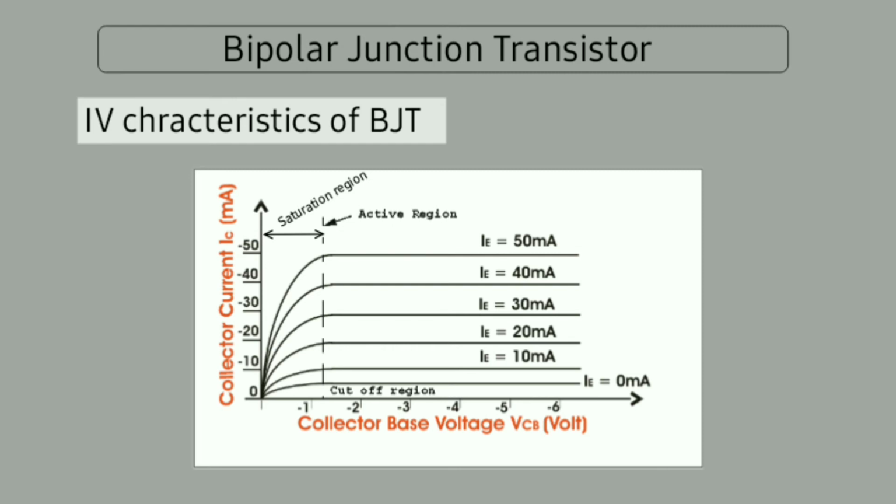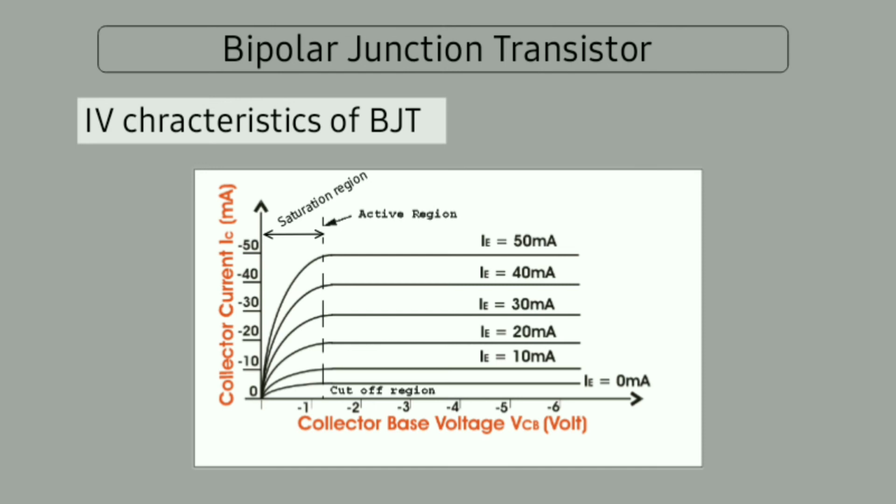In the active region, the base emitter junction is forward biased and base collector junction is reverse biased. In the cutoff region, both the emitter base and base collector junctions are in reverse bias. So transistor acts like an open switch, that is off state.